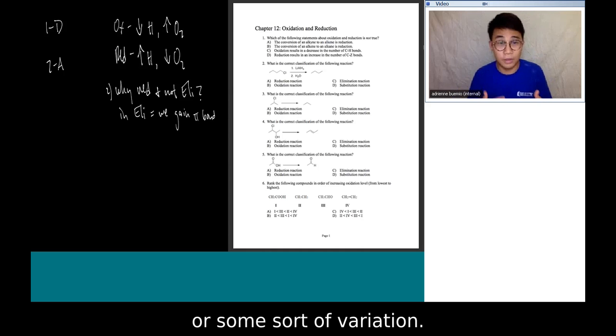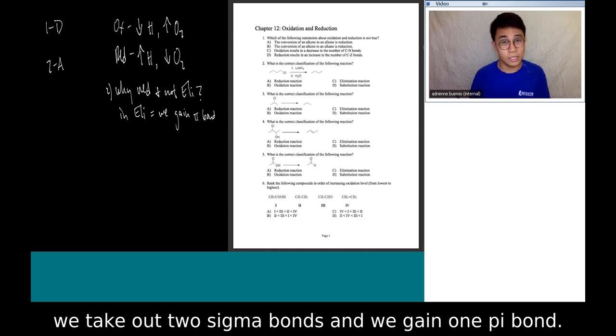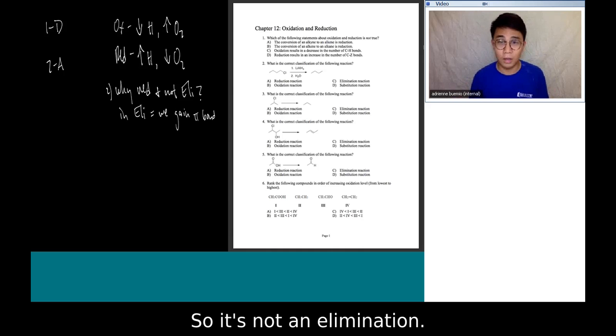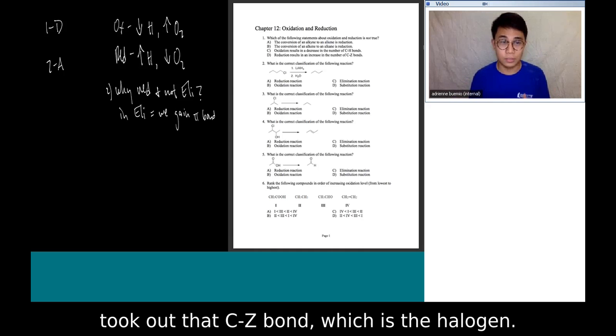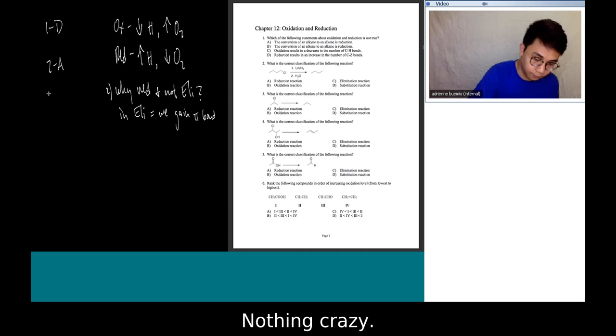Or some sort of variation. We know back in OChem 1, elimination, we take out two sigma bonds and we gain one pi bond. So in here, we're not getting any pi bonds or anything, right? So it's not an elimination. And it's reduction because we just took out that CZ bond, right, which is the halogen. So that's all there is to it, nothing crazy.